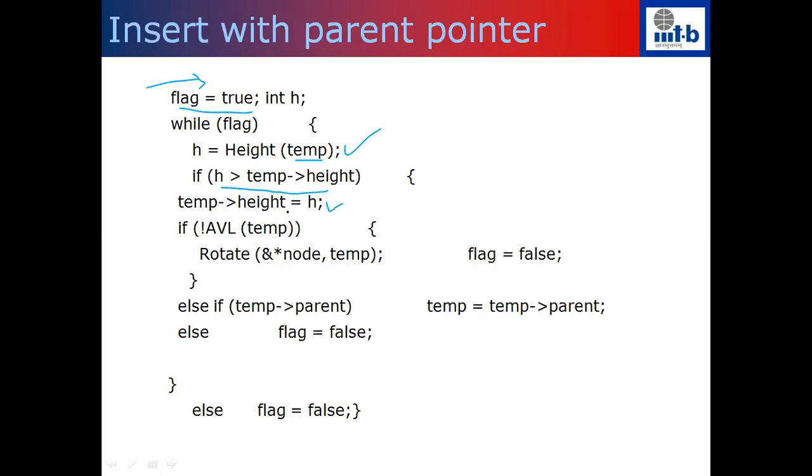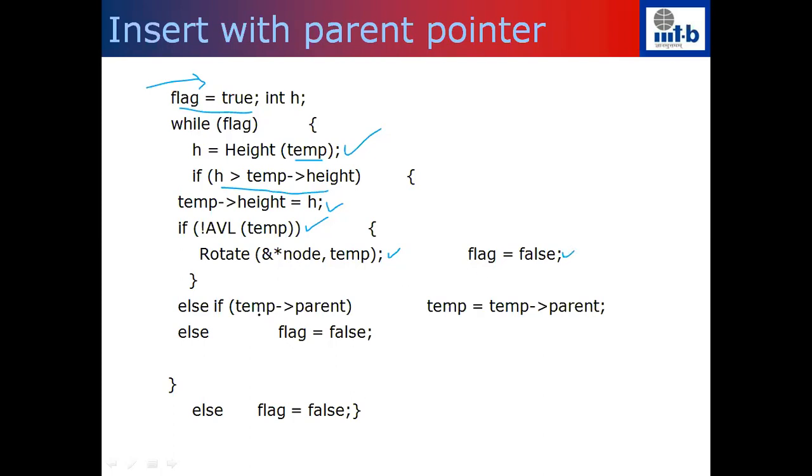So once the height of the subtree has increased, I ask the question whether the AVL property is also violated. If the AVL property is violated, then you do the rotation, right? Once you do the rotation, this while loop should terminate, so you set the flag as false.